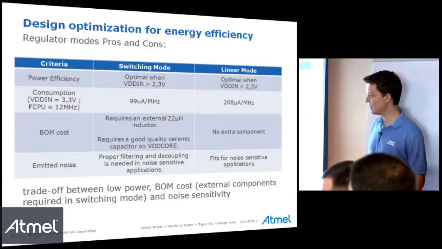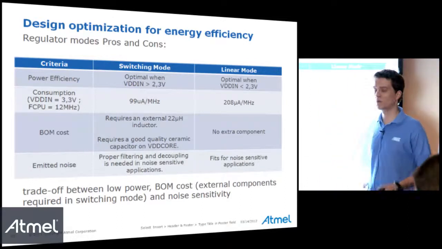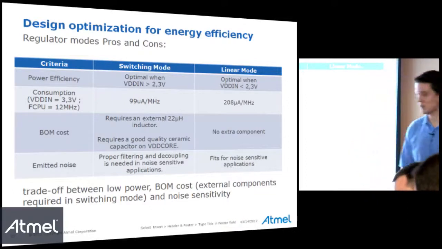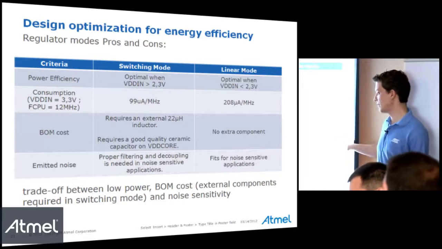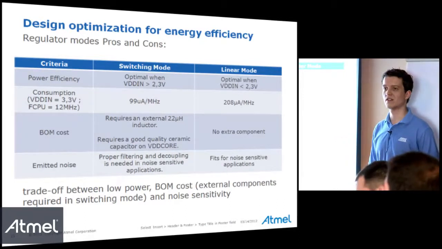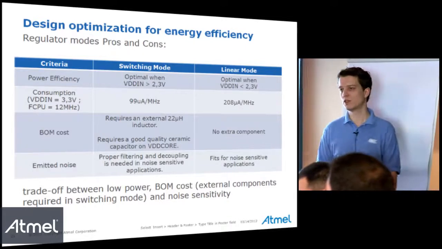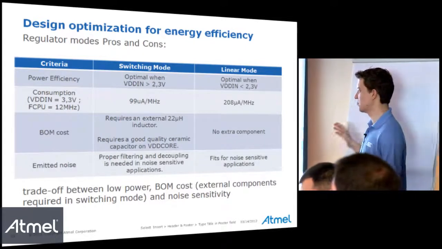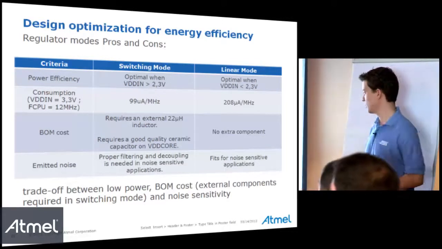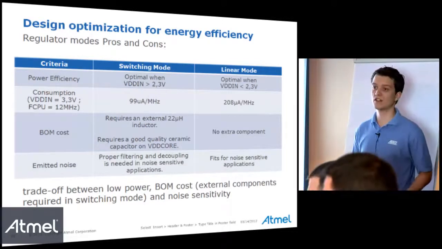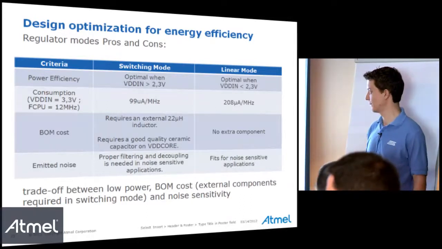In terms of emitted noise, the switching mode requires proper filtering because it's noise sensitive, and the linear mode mainly fits noise sensitive applications. So to summarize, when you have to choose between the two modes of the regulator, it's mainly a trade-off between low power, bill of material costs, and noise sensitive environment. That's what you need to know.